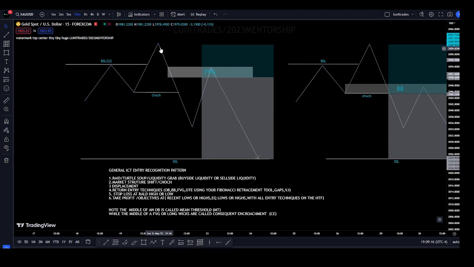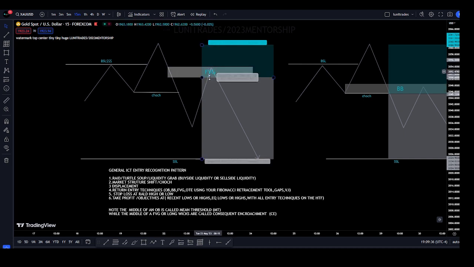So this is the leg that made the raid. You want a market structure shift breaking that leg. Then next, make sure there's enough displacement. Then look for your entry in either the fair value gap, order block, volume imbalance, gaps, breaker block, and so on.